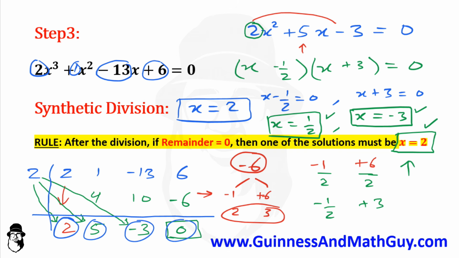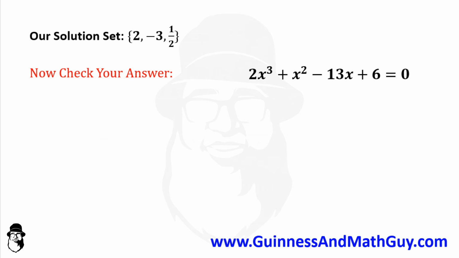Now we will check if our answers are correct or not. Here our solutions are 2, minus 3 and half. In the beginning I told you that this is A, that is 2, this is B, the coefficient of x squared, that is 1, this is C, that is minus 13, and this is D, that is 6.